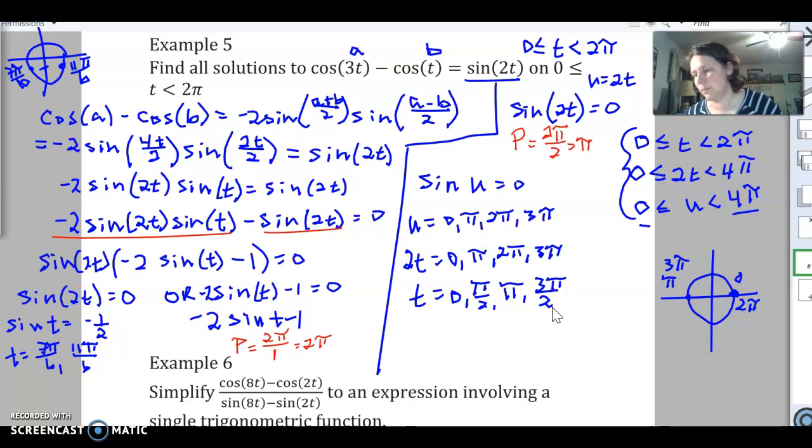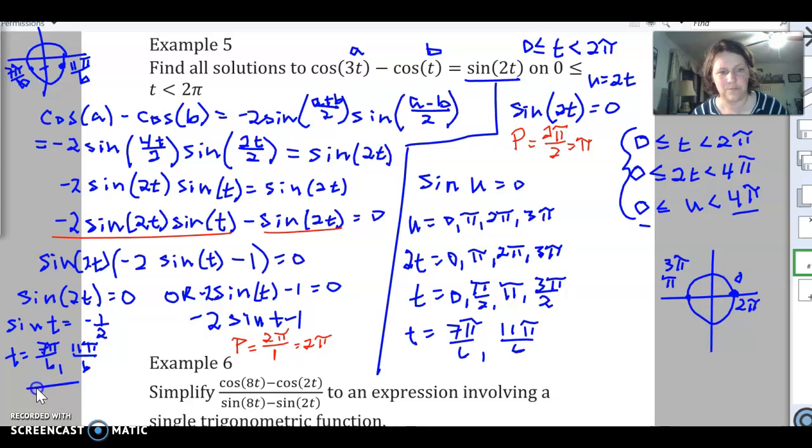Okay, so we found all of those solutions, and we have t equals 7 pi over 6 and 11 pi over 6 from our other solution over here. Okay, so don't forget to include those. So we've got 6 solutions here, and that would be all of our answers.